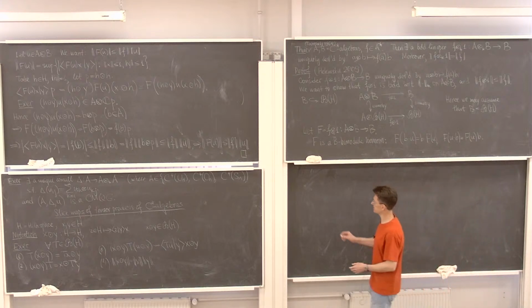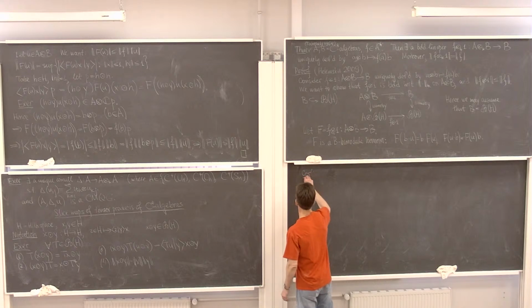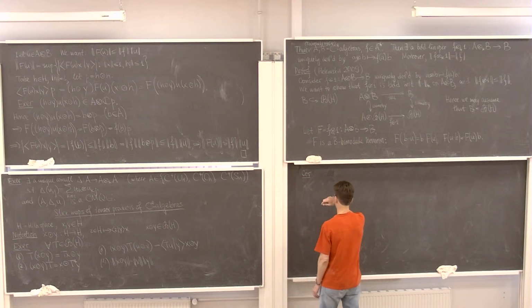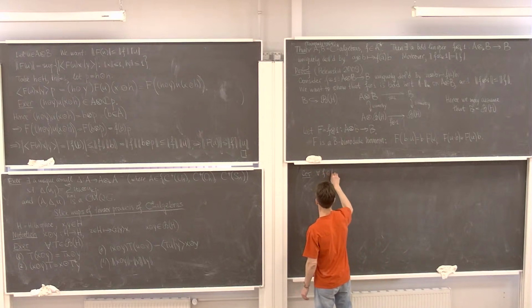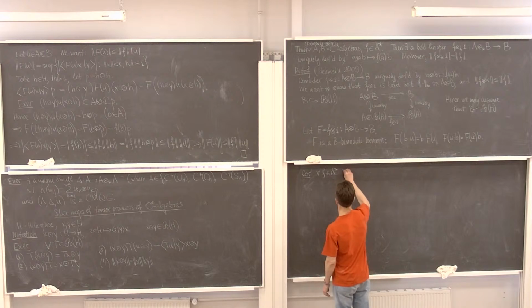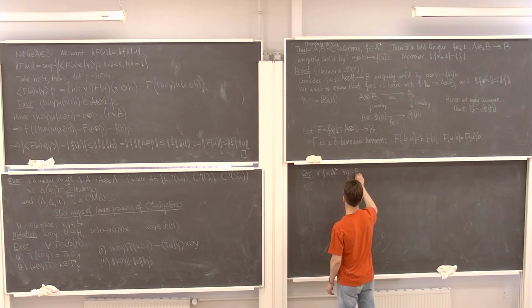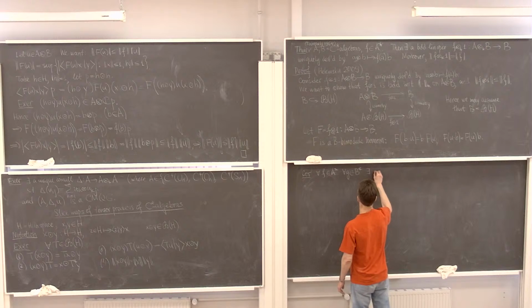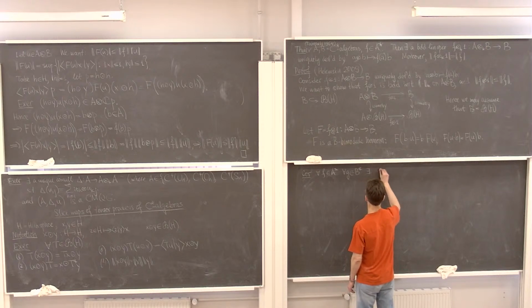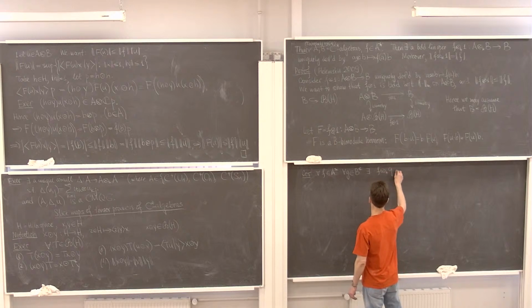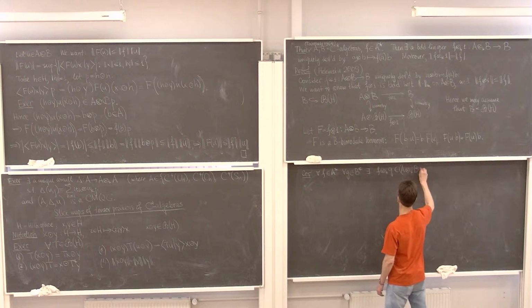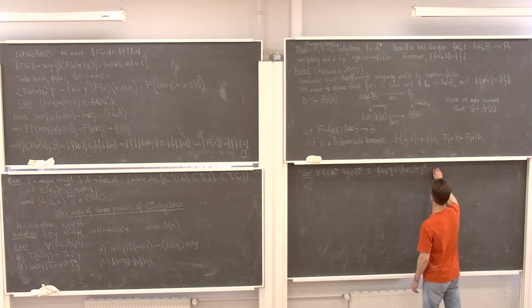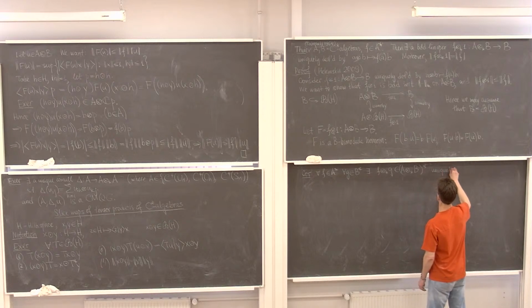So as a corollary, we see that for every bounded linear functional f on A, and for every bounded linear functional g on B, there is a bounded linear functional f tensor g on the C-star, or the spatial C-star tensor product of A and B, uniquely determined by the following property.